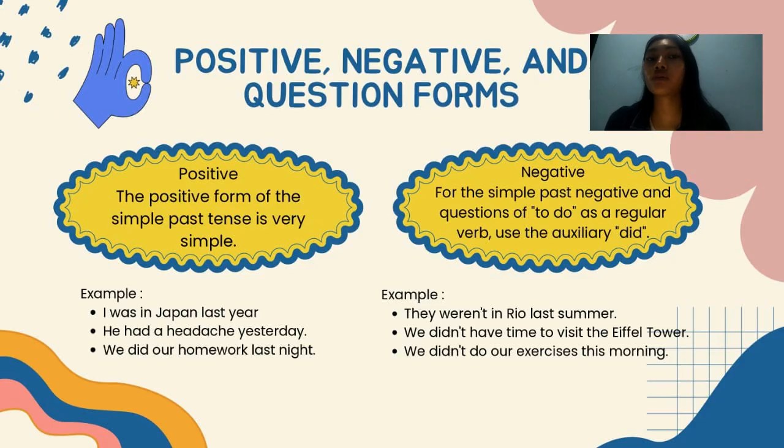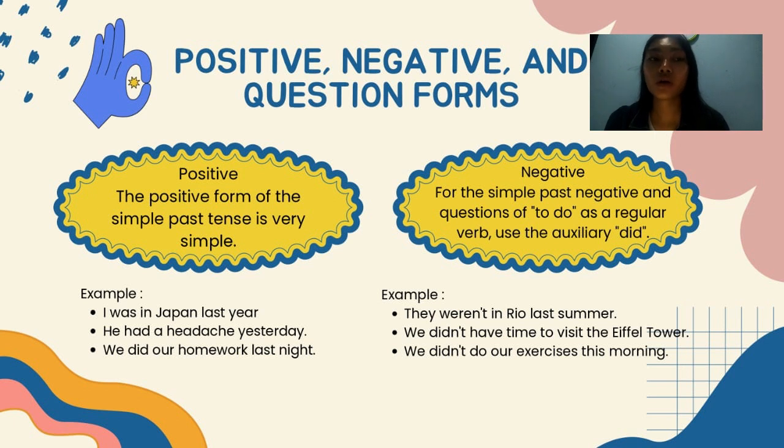Positive, negative, and question forms. Positive: the positive form of the simple past tense is very simple. Example 1: I was in Japan last year. 2: He had a headache yesterday. 3: We did our homework last night.